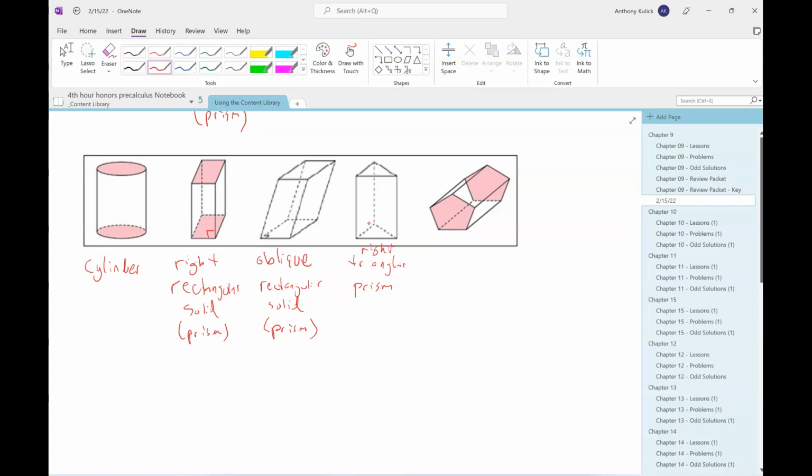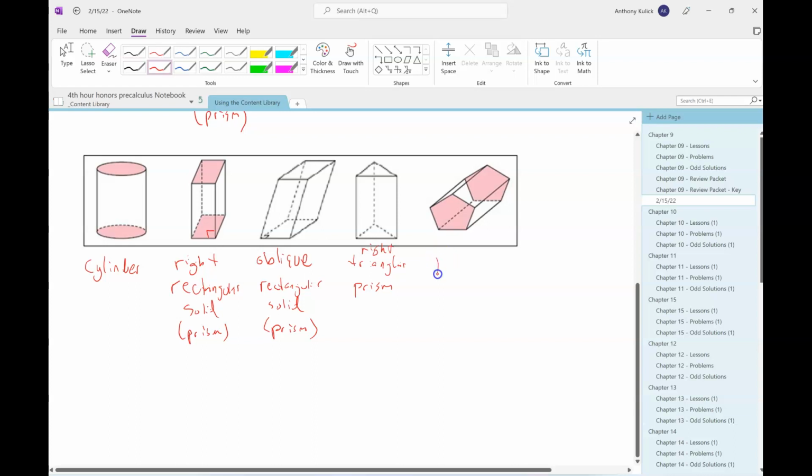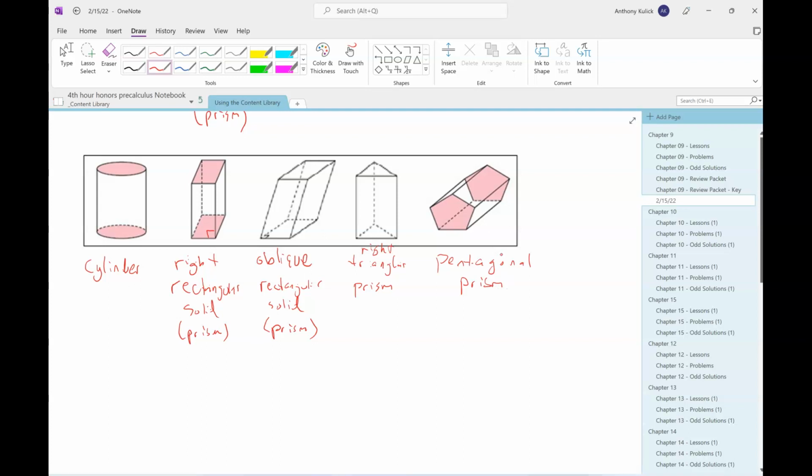And the last one here, what do we call this thing? Well, that's 5 sides, so it's a pentagonal prism. But it's just another prism. What do you notice here? We have a whole page of prisms. Really, even the cylinder is like a prism with circular bases, technically.